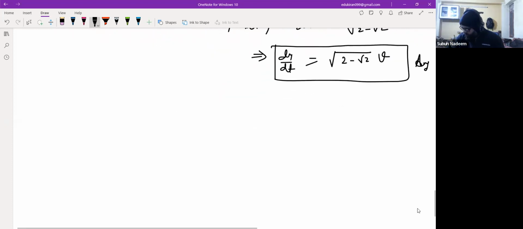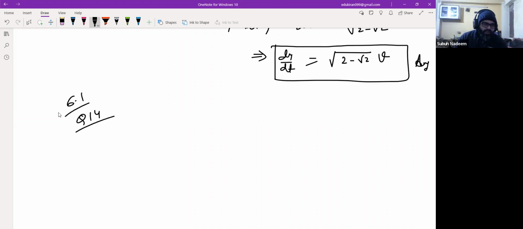So should I give a question from NCERT 1 or 2, or should I give from other places? Oh, so we'll do one NCERT and one from somewhere else. Okay. So from NCERT, you can do question number 14, exercise 6.1. And I'm giving one more question, which is from somewhere else, and I will send it in chat.